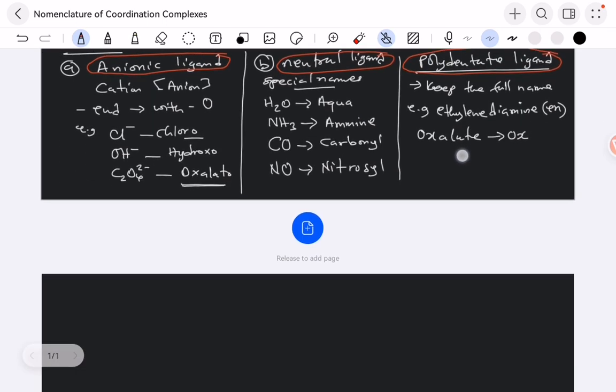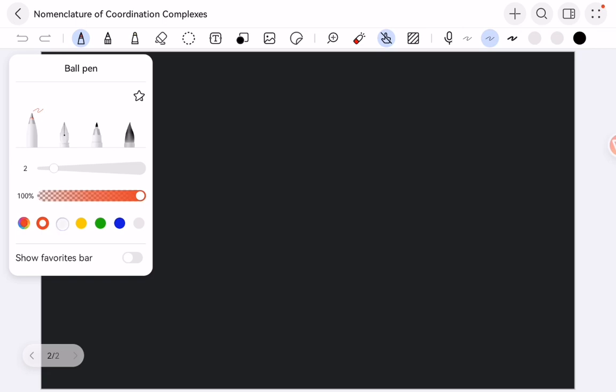Okay, let's go to rule number 2, or step 2. Arrange ligands in alphabetical order.